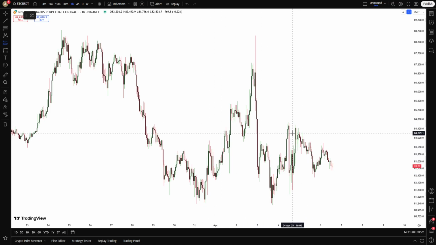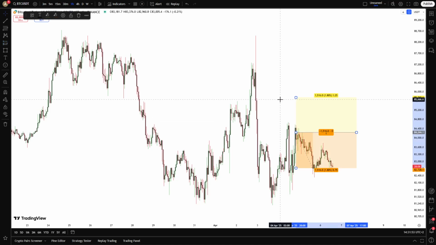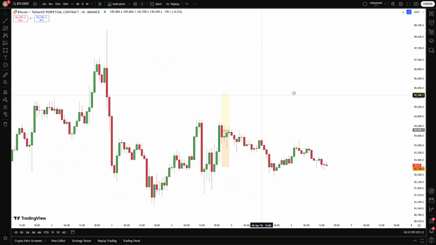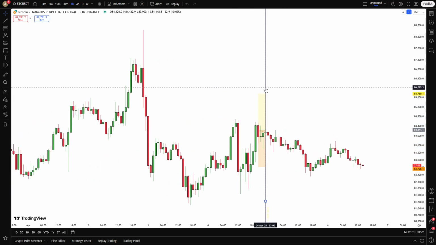Let's pick this point. Here, I went short. But why did I go short? Why did I expect the price to go down here? If you just look at this bit of price, so let's say everything to the right doesn't exist, you simply put a long position on TradingView and find the stop loss.